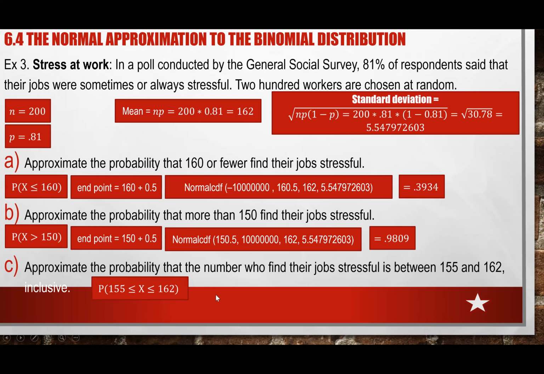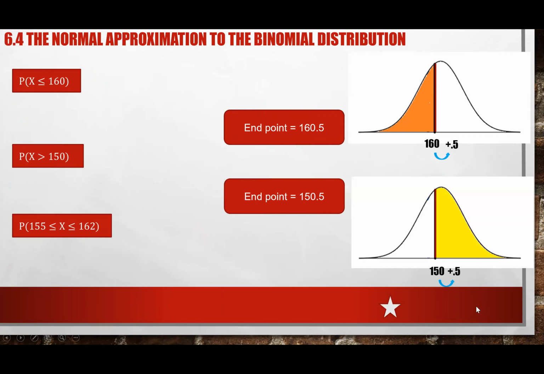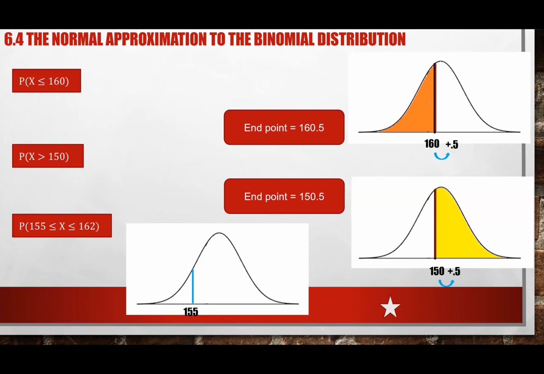So we sketch this, and we put in our two values, 155 and 162. This green item is the region between 155 and 162, which I just shaded. That is the region I'm looking for.